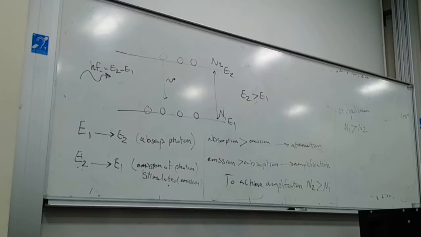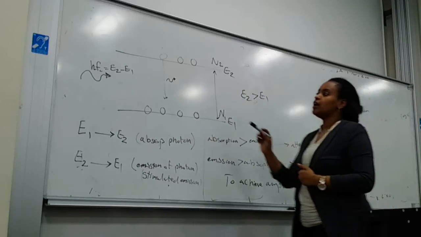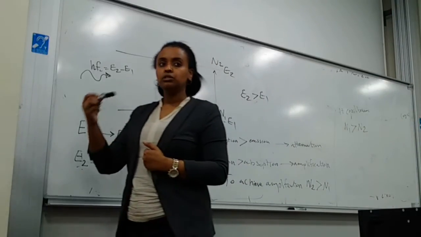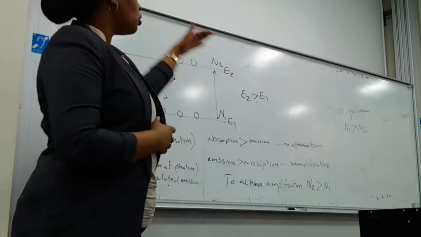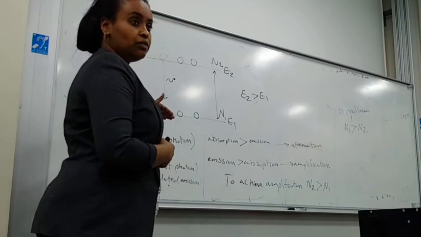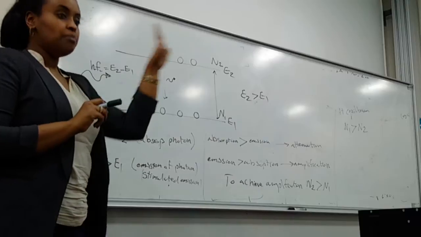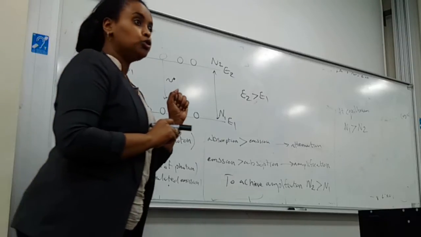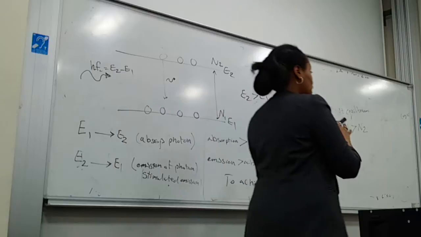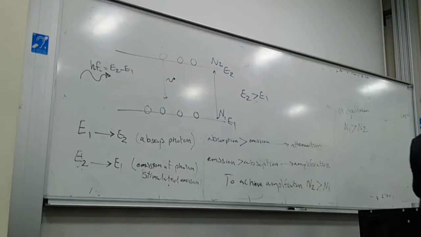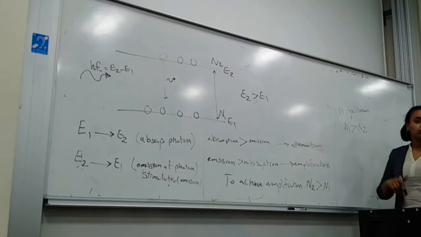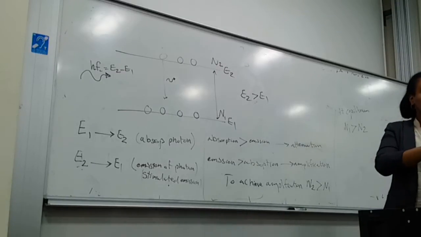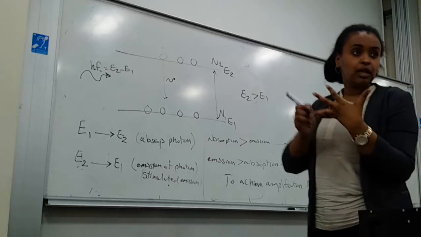So you can see the difference between spontaneous emission and stimulated emission. Stimulated emission happens as a result of an electromagnetic field inducing atoms to go to a lower energy level and emit a photon, which will have the same energy and same wavelength as the incident electromagnetic field, and it will be coherent also: same propagation direction, same phase, and same polarization.